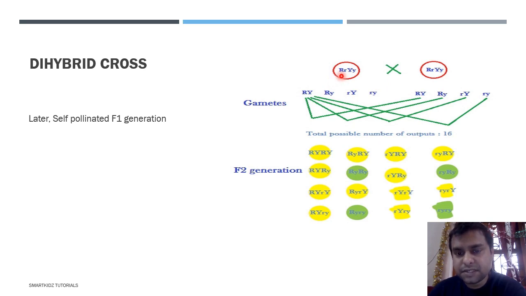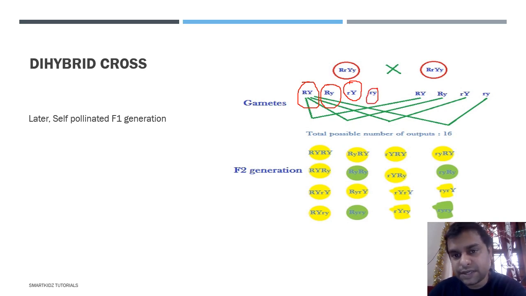From this particular organism, we will get capital R going with capital Y, then capital R with small y, then small r going with capital Y, and small r going with small y.